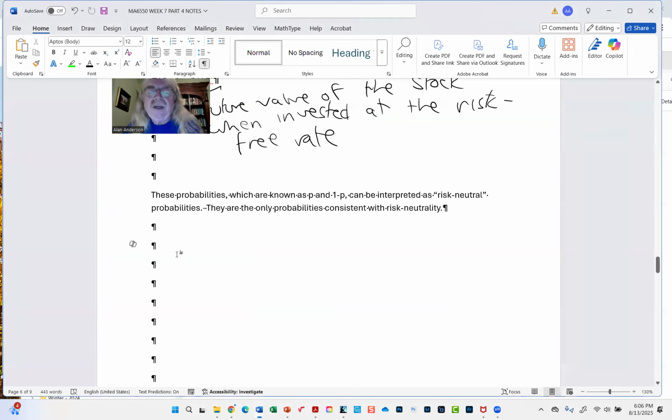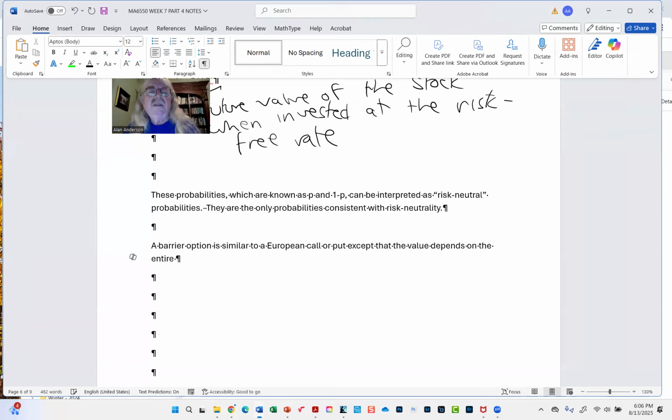So a barrier option is similar to a European call or put, depending on how you set it up, except that the value depends on the entire history of the stock price, let's say, during the lifetime of the option.